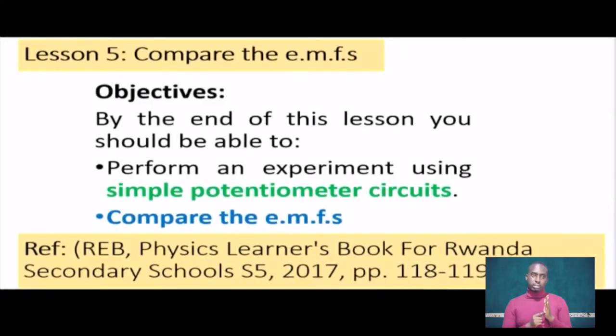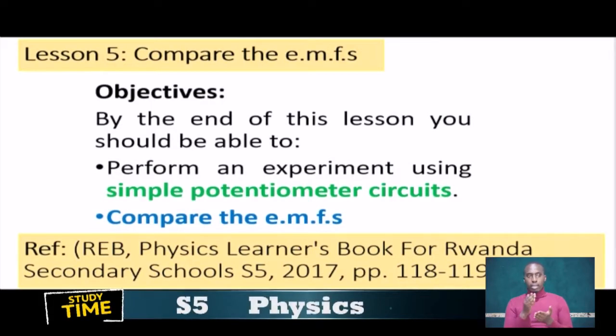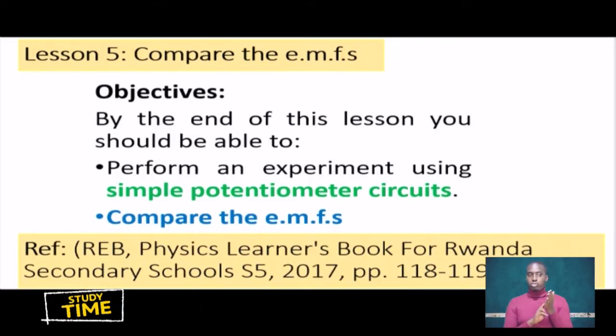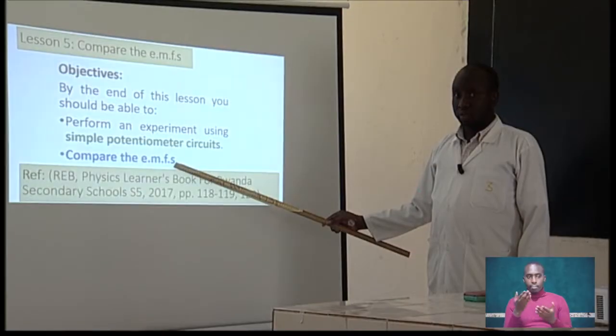So now in today's point, it is to compare the electromotive forces. So by the end of this lesson, you should be able to perform an experiment using a simple potentiometer circuit. I think it is in the same way as what I have used there. So then you need to compare the electromotive force.